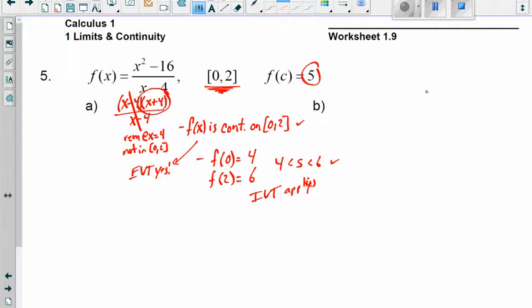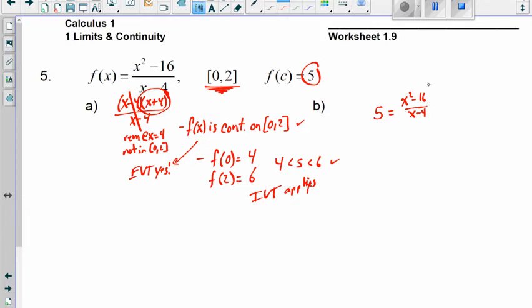And all that means is we want to find where 5 gives us an x value from this function, x squared minus 16 over x minus 4. Where are we going to get that value? What x value will be our C that we're looking for? Now, we can solve this.